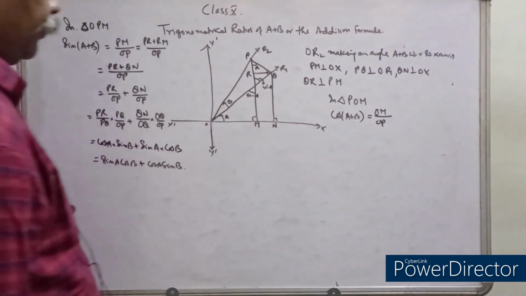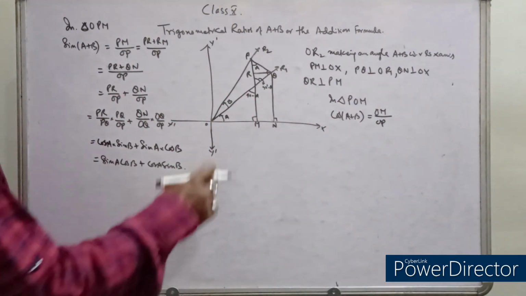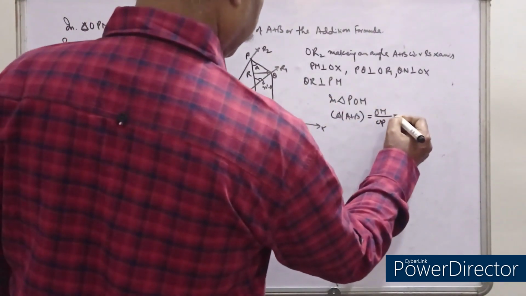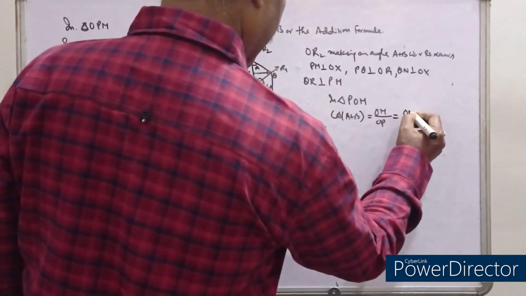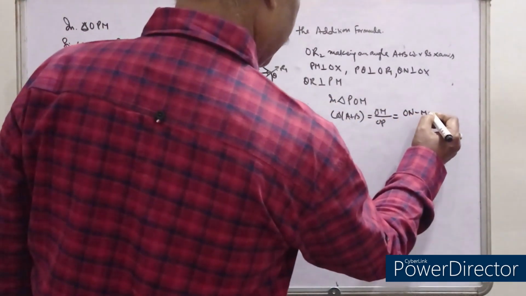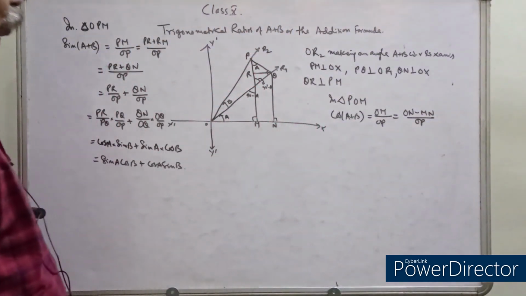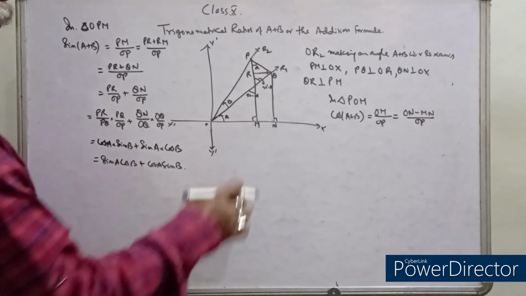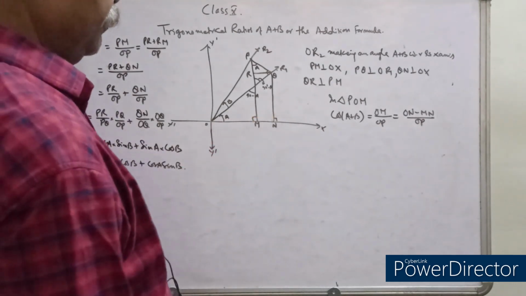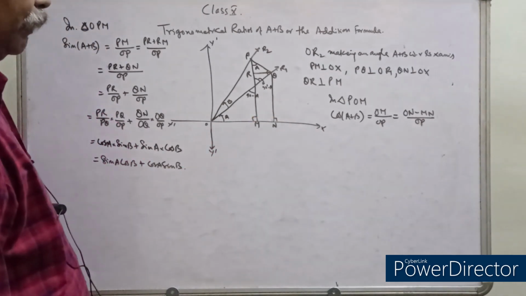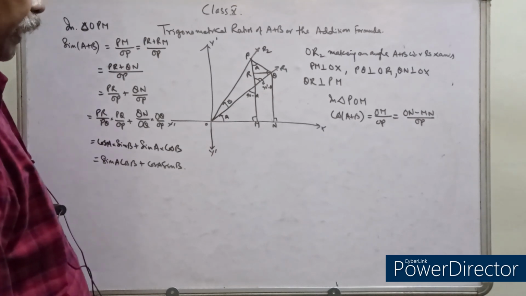Now instead of OM you can write ON minus MN by OP.